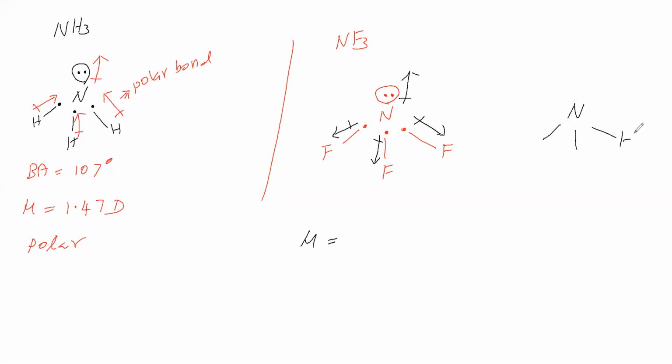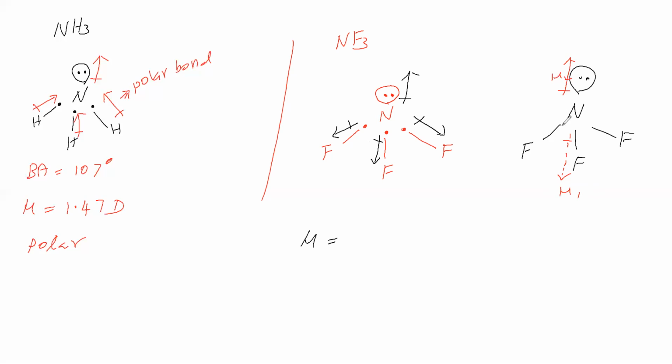Now we will take NF3. NF3 we have taken, and this lone pair we have taken. Now, for these three bonds, the resultant is exactly down, opposite to the lone pair. It is a resultant dipole moment. The resultant dipole moment we will take as mu1, and this lone pair dipole moment we will take as mu2.